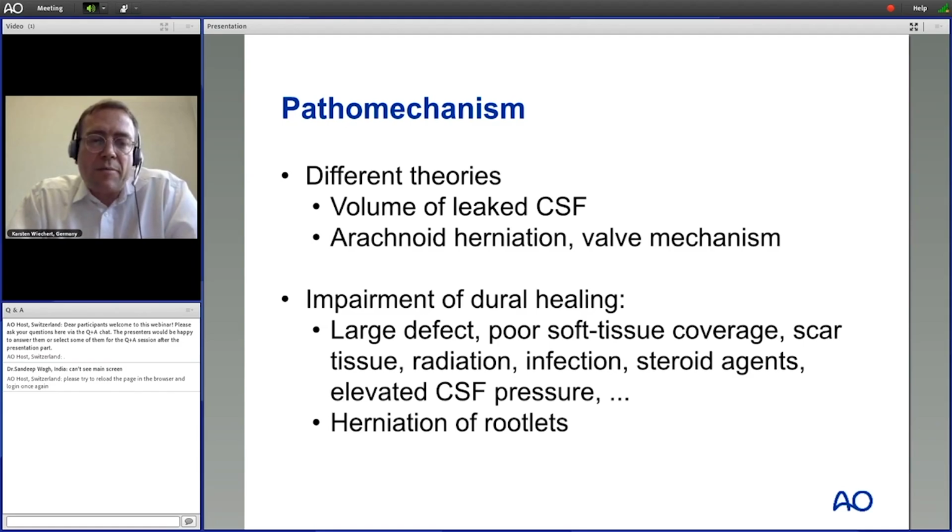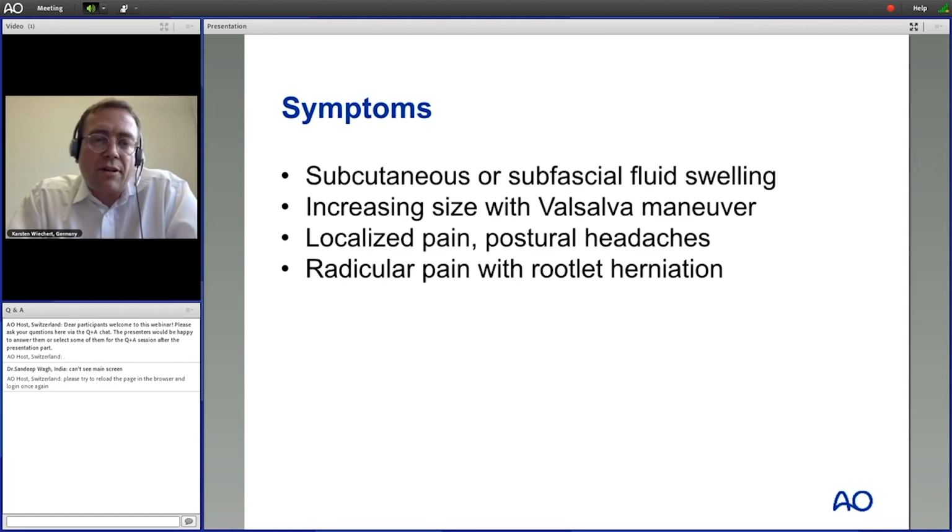What sums it up is basically that an impairment of dural healing is key to the pathology here. A large defect, poor soft tissue coverage, scar tissue, radiation, infection, steroid agents, elevated CSF pressure, all these play a role in impairing the healing of the dura, and that leads to subsequent herniation of the rootlets.